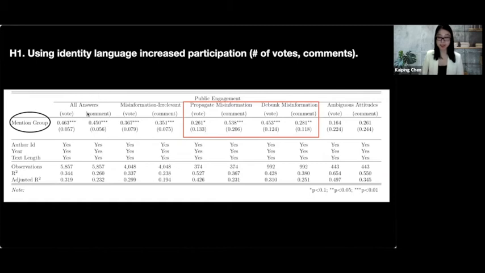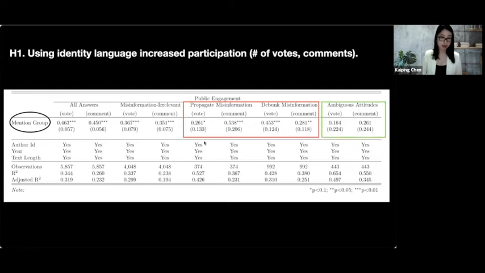And then we repeated the same regression model for different subsets of our posts. For instance, for posts that didn't talk about GMO misinformation at all, for posts that propagate misinformation, for posts that debunk misinformation, and for posts that hold an ambiguous attitude toward misinformation. For each type of post, we look at the relationship between mention of group identity language and the amount of votes and comments they receive.